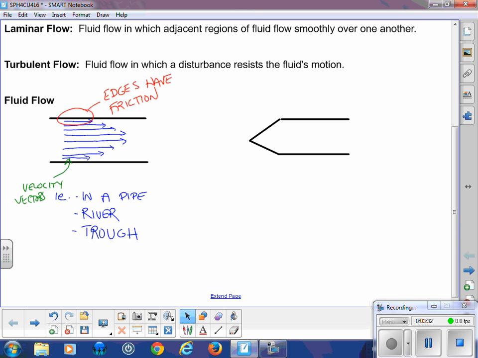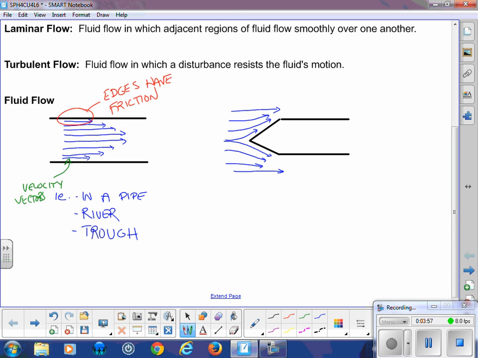Now, if you are moving around a pointed object, we have our velocity vector on the outside not being affected by that object, and then the velocity of the fluid as it tries to go around gets split off here.